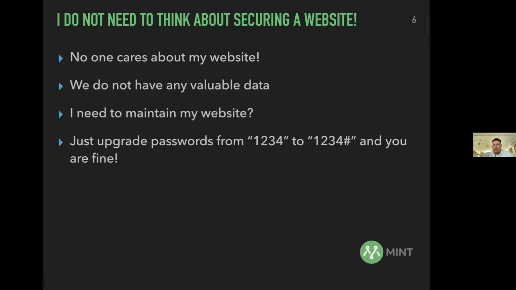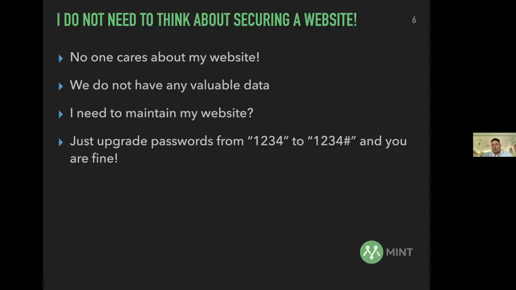So people usually say, yeah, no one cares about my website. I'm having a pharmacy shop, who cares about my website? Or I don't have any valuable data stored in it. And then usually when they get hacked, of course, because it happens, they are surprised and they are asking, but do I really need to maintain my website? I mean, it's just code sitting on a server, and who cares about that?